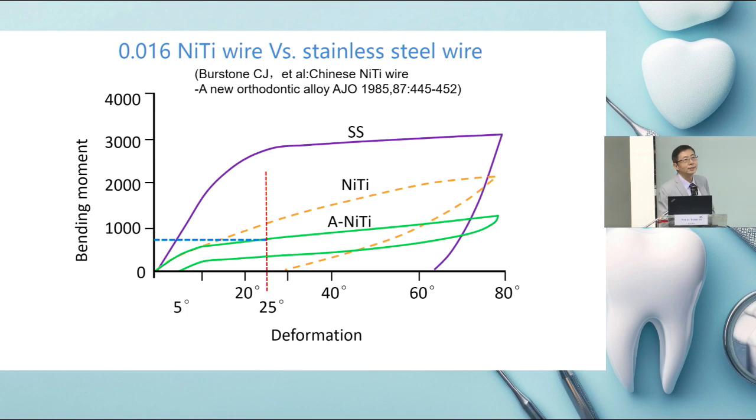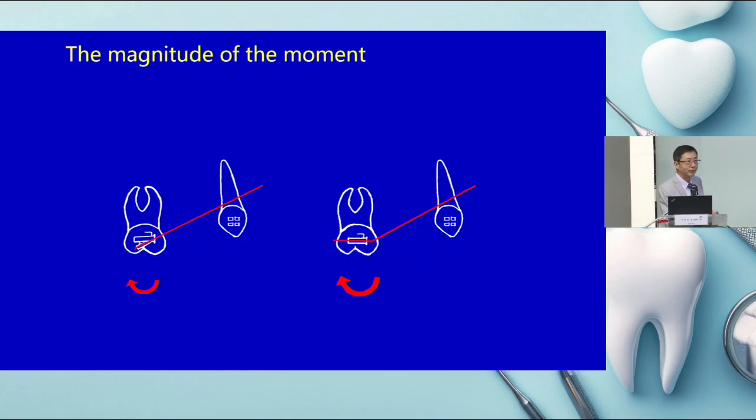So here, probably 700, right? If we want to get a 700 bending moment on stainless steel wire, what would be the bending angle? It's about 5 degrees. This is 20, 10. This is 5 degrees, right?